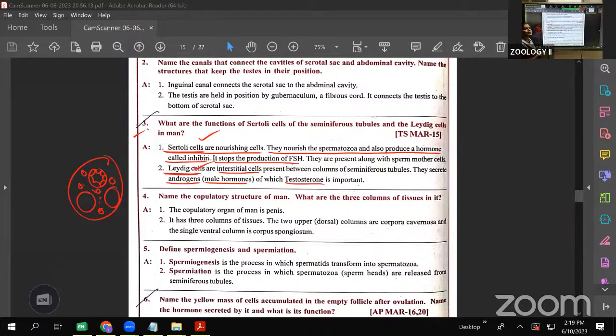Sertoli cells are the nourishing cells. They nourish the sperms and also produce the inhibin hormone. Next are the Leydig cells, present in the interstitial tissue.